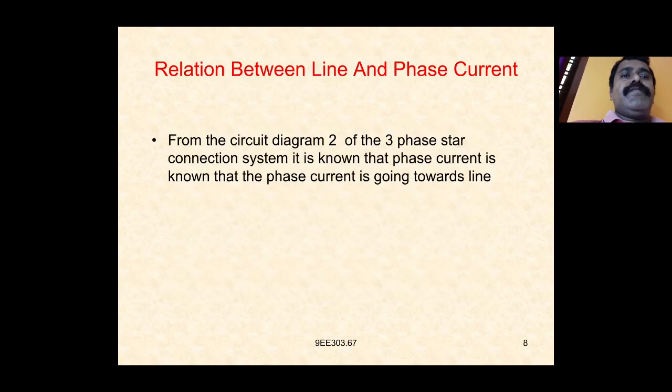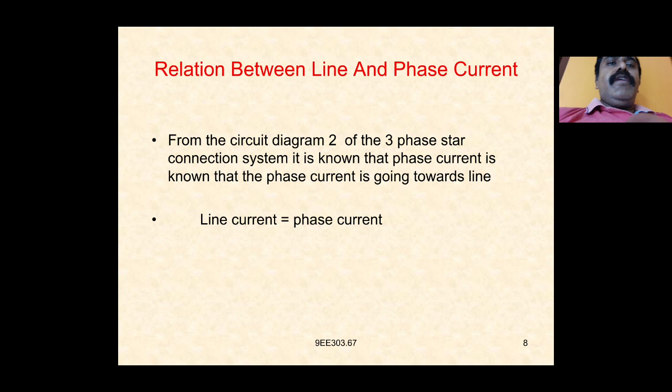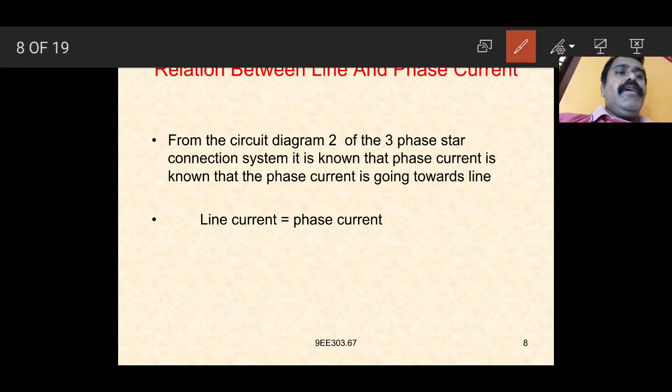Relation between line and phase current. From the circuit diagram of the three-phase star connection system, the current is known as the phase current going towards the line. Line current is equal to phase current.